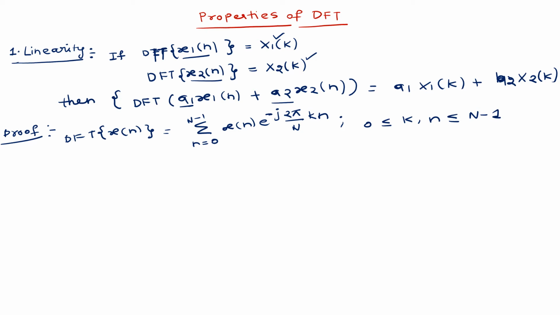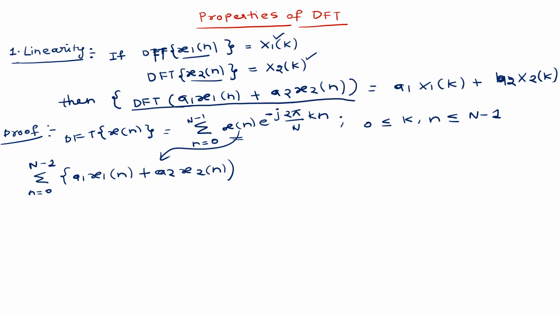So we will substitute this complete expression in place of x of n, because they asked for the DFT of this combined signal. So summation of n equal to 0 to N minus 1 of a1 x1 of n plus a2 x2 of n multiplied by e power minus j 2 pi by N kn.